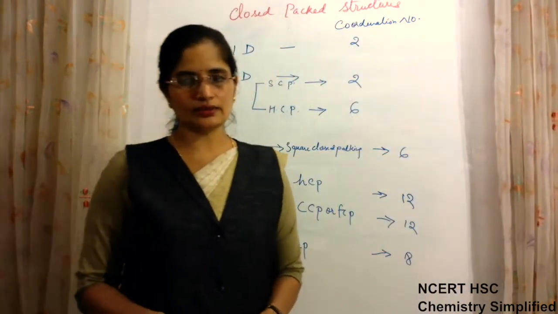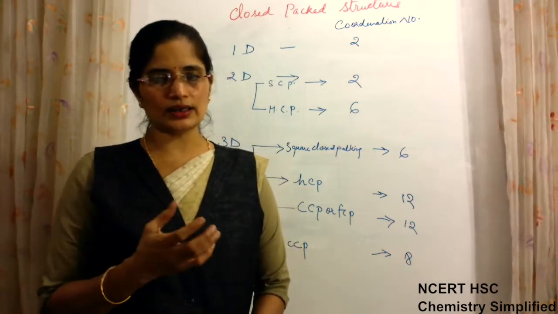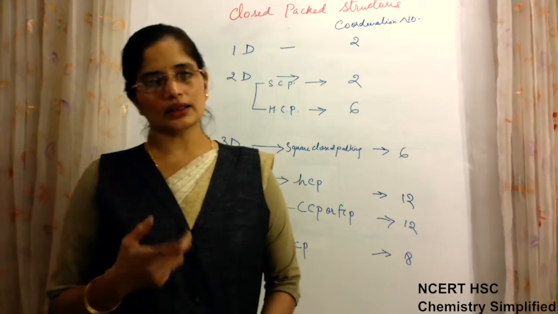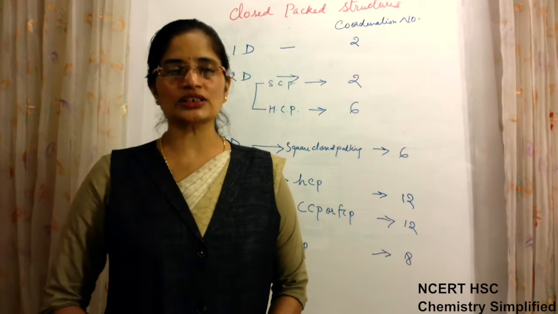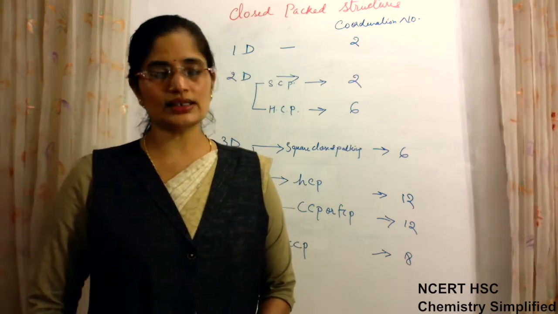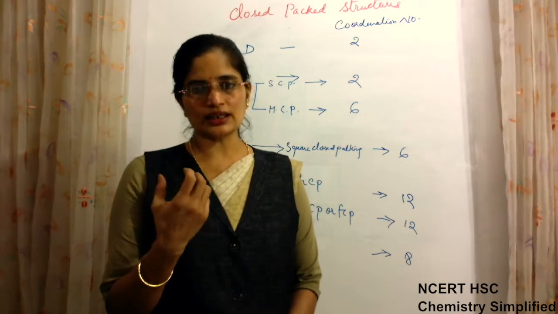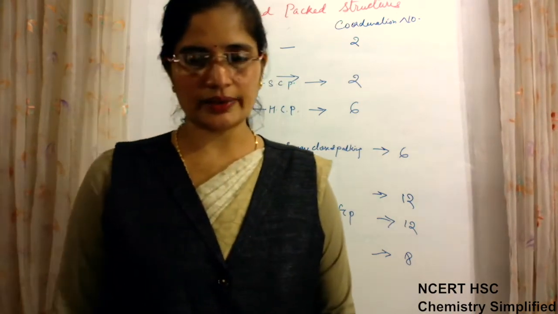Now we had seen basic 3 types of unit cells. One is the simple cubic unit cell, second one is body centered, and third one is face centered. So we will see that the packing of which type of unit cell is more efficient. Packing efficiency means the percentage of vacant or empty space we have to find in that.